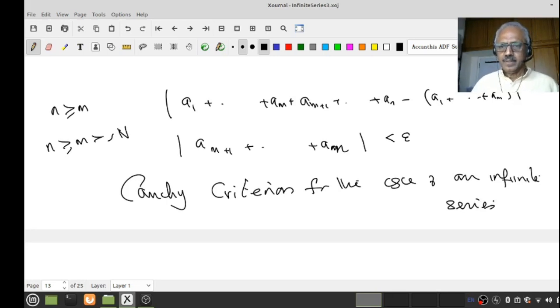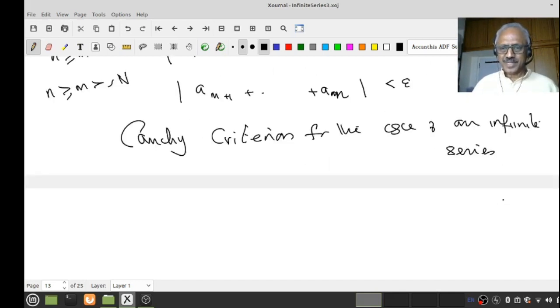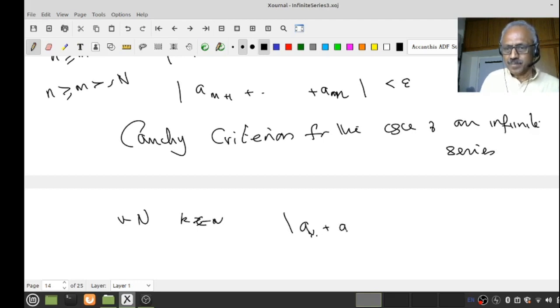Okay. But in this form, it's very rarely used. You can see almost all our textbooks keep on writing it. Sometimes they even write something like this: there exists N, so that for all k greater than or equal to N, modulus an plus 1 plus ... plus an plus k is less than epsilon, or some such thing. You will see such things in old textbooks.